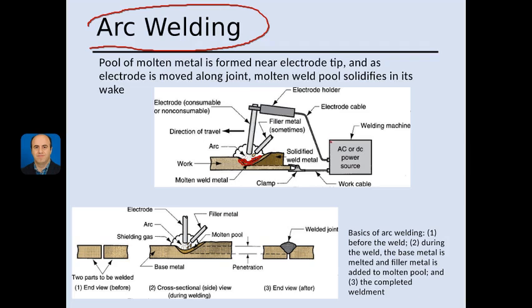As you see, the welding machine has AC or DC power, and the electrons come through this electrode and travel from the electrode to the workpiece. So the workpiece has to be connected to the machine as well. There is a clamp, as you see here, and the electrons travel between this gap.